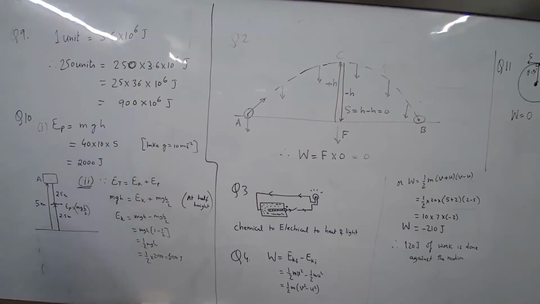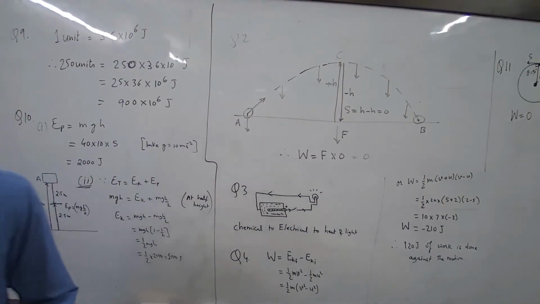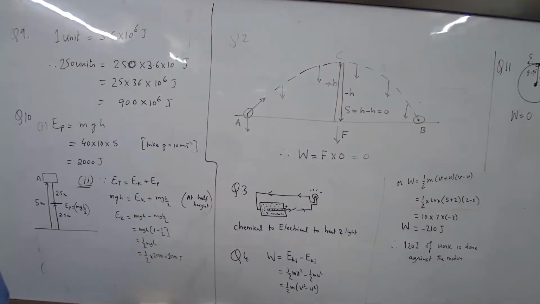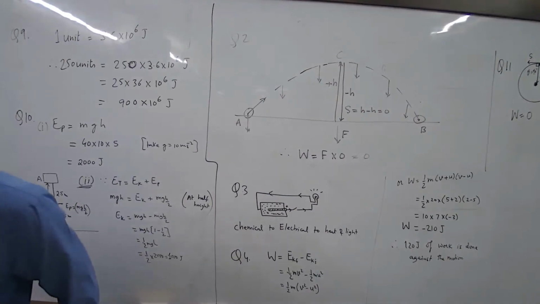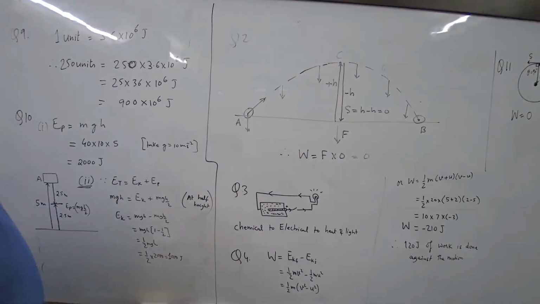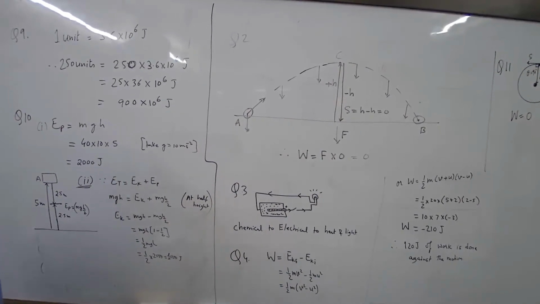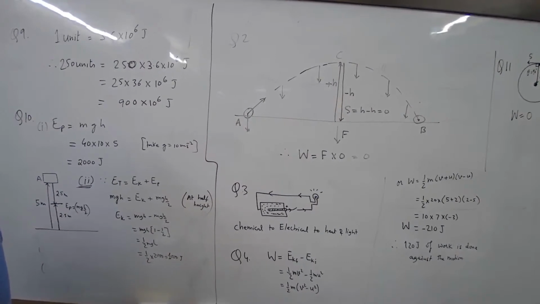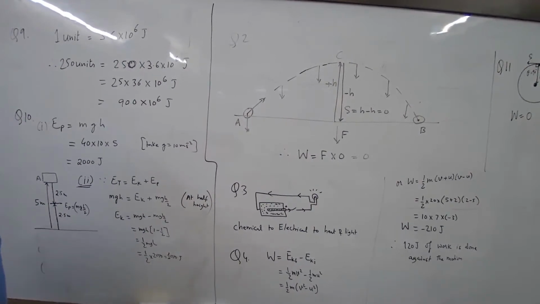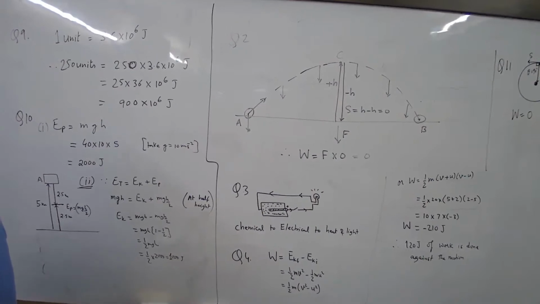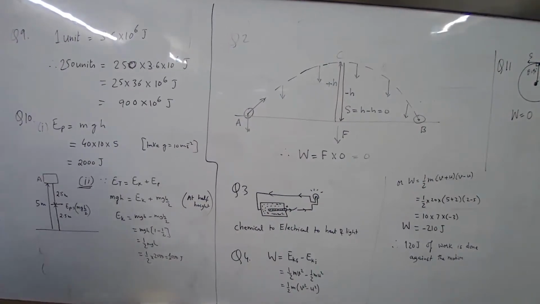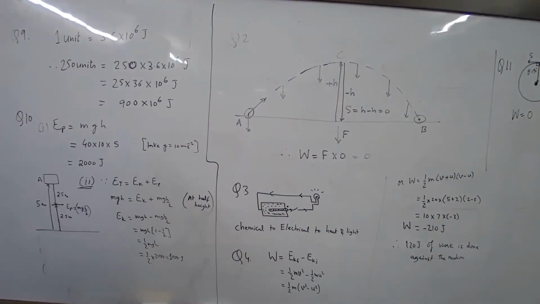Next. Can there be displacement of an object in the absence of any force acting on it? And I think this one is very important. So basically, can there be displacement of an object in the absence of any force acting on it? Discuss with your friend. If there is no force, how can there be displacement? That's the question.